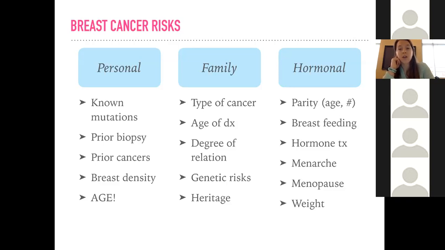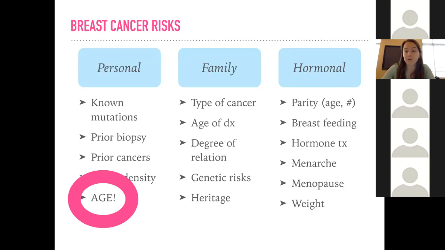And if you're on therapy postmenopausal as well, that can increase your risk. Age of menarche, when you start your menstrual period, those things can affect your risk. And then weight. Obesity has been shown to be an increased risk for breast cancer as well.